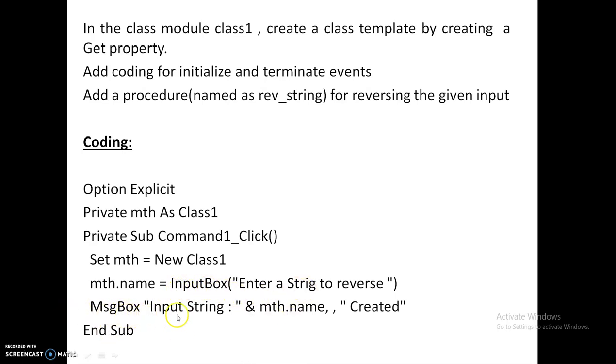Then a message box displays the input stream, the input read from the input box. So the Command1 click event is simply for initializing the new object and for getting the input stream.